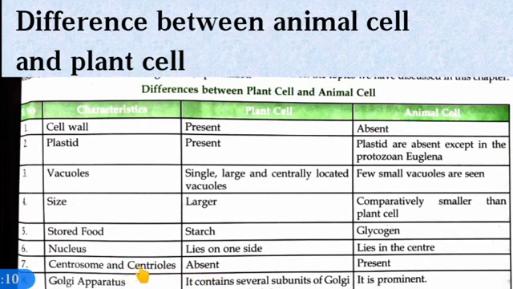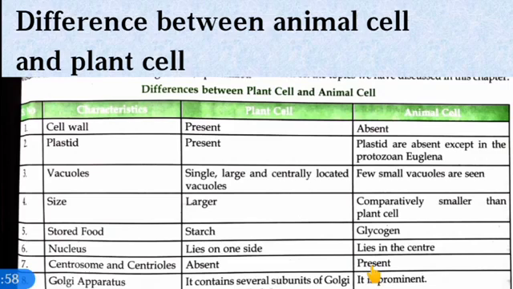Then, the Golgi apparatus. In plant cells, it contains several subunits of the Golgi apparatus called dictyosomes, whereas in animal cells the Golgi apparatus is a prominent structure.